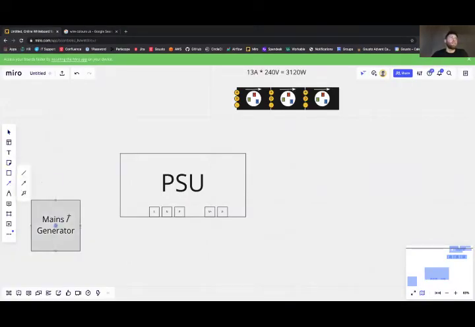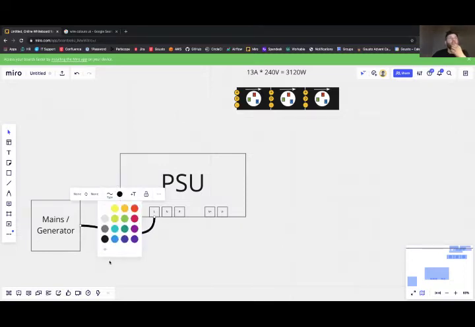So let's say we've got a thick, not that thick, a thick brown wire. Brown. How do you make brown? Maybe something like that. Yeah. Thick brown wire leading to line.